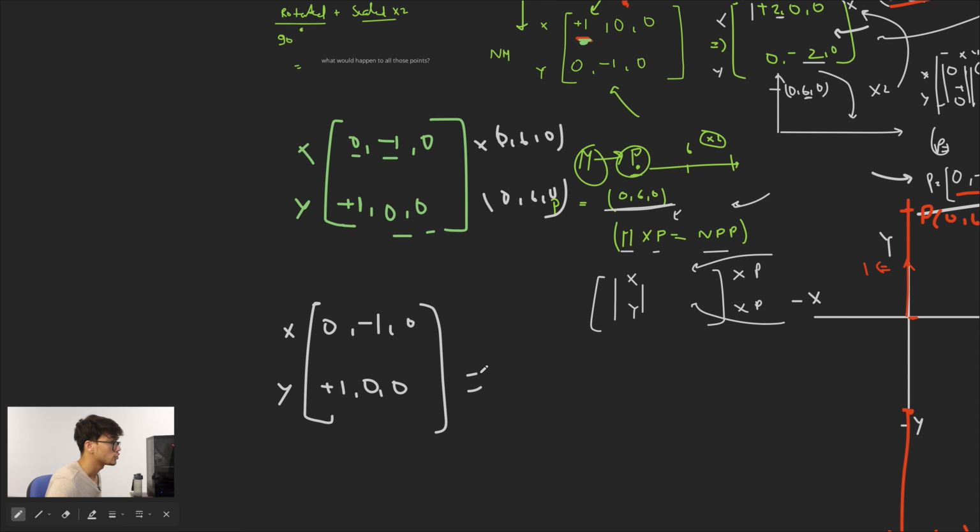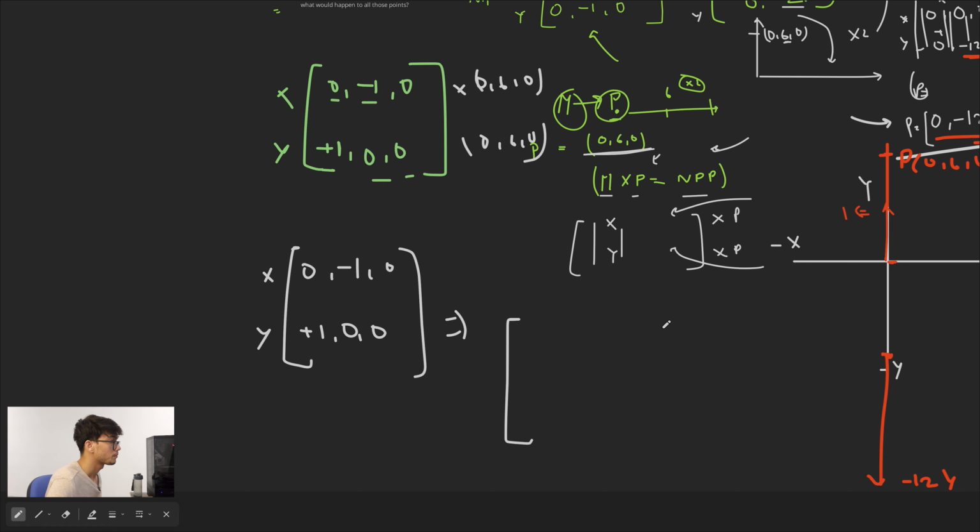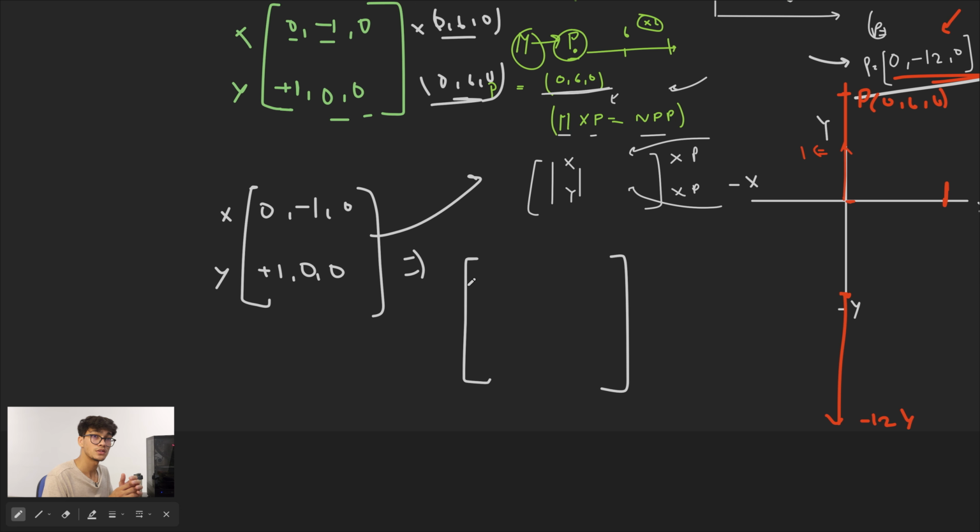Let's multiply this. So we will get our new matrix, which will be the matrix to the points, right? This matrix is applied to these points, and it won't be a new matrix because I'm doing each step, but these steps are happening at the same time.